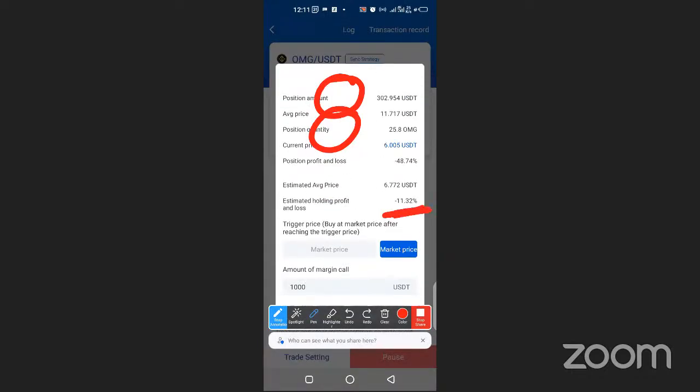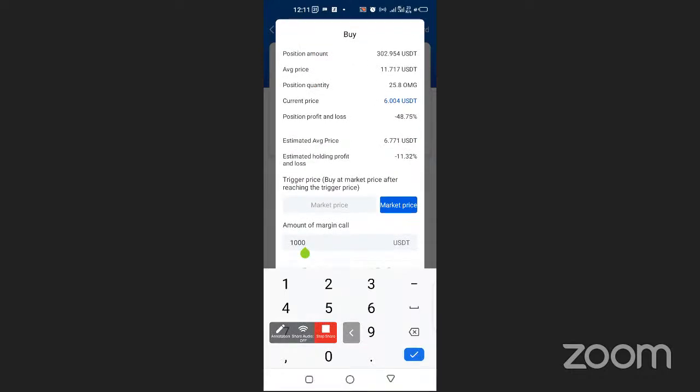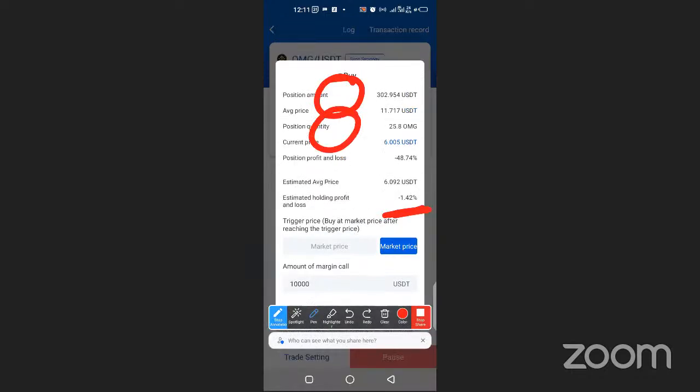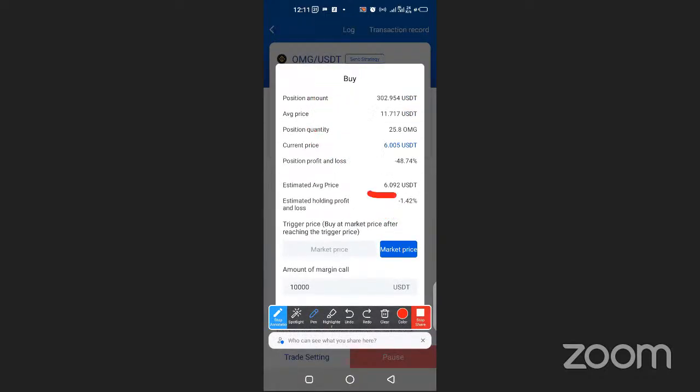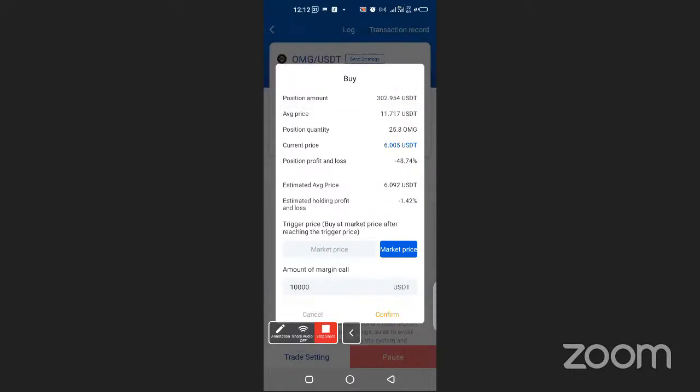So if I put in $10,000, if I have money, I get this to a negative holding profit loss of -1.42, meaning the estimated new average price is now 6.93, moving away from the one that was 11 point. You understand? So anyone can get out of the floating loss as long as they have capital.